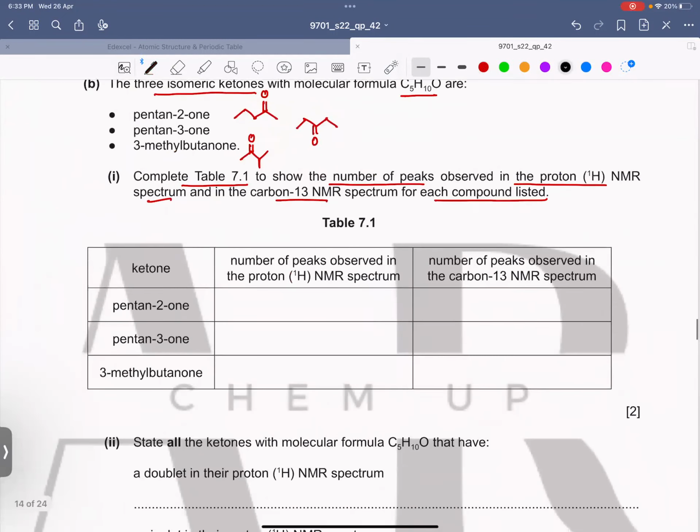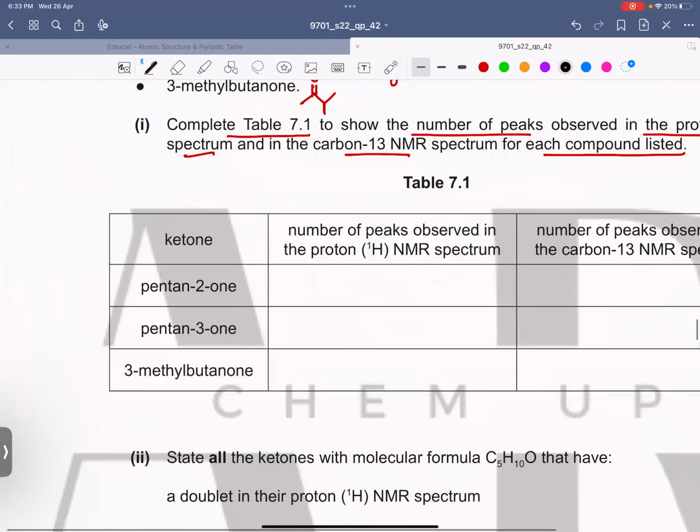Okay, let's start with pentan-2-one. It's CH3, C double bond O, CH2, CH2, CH3. These hydrogens are going to be different from each other in terms of their chemical environment, because one is bonded to the CH2 group and the other is bonded to a carbonyl.